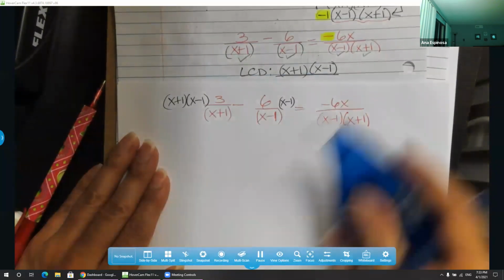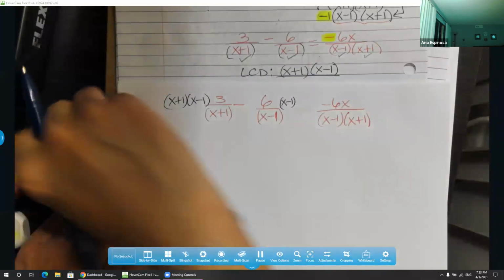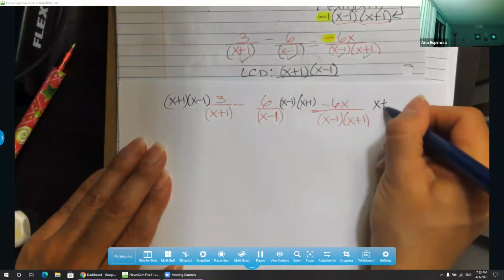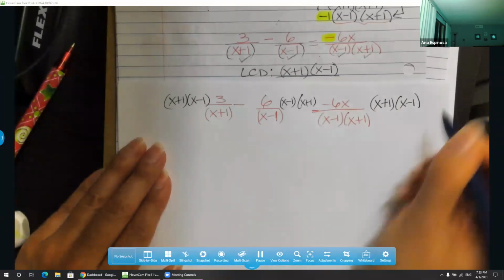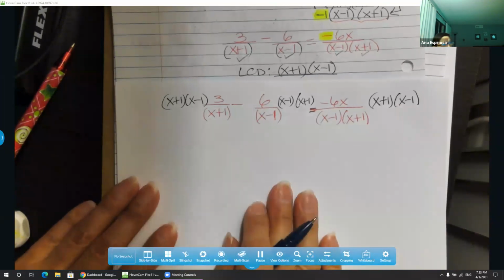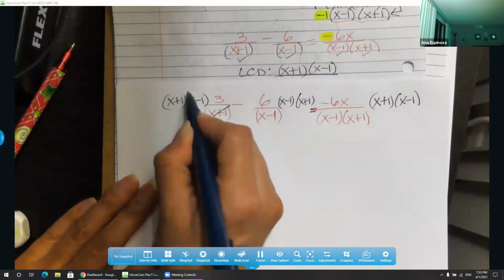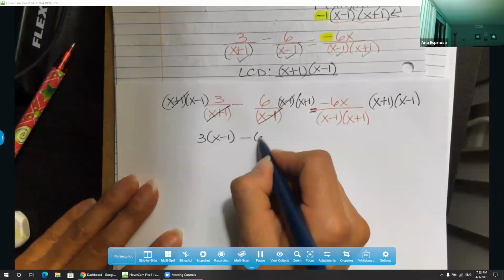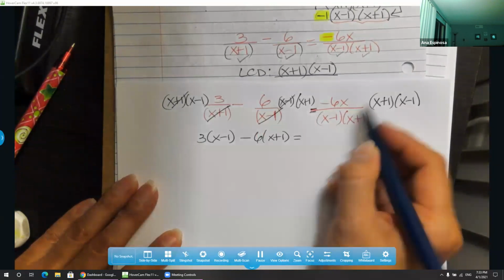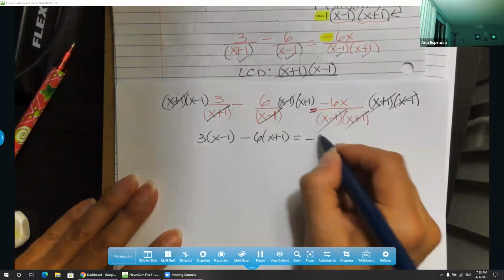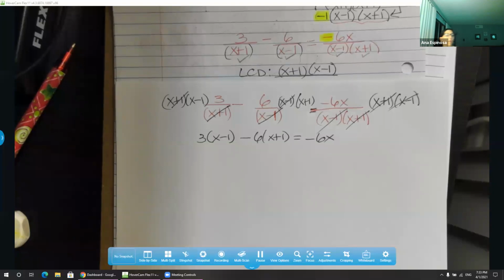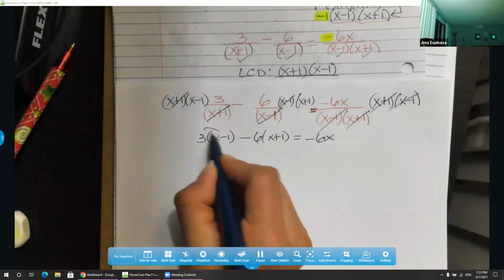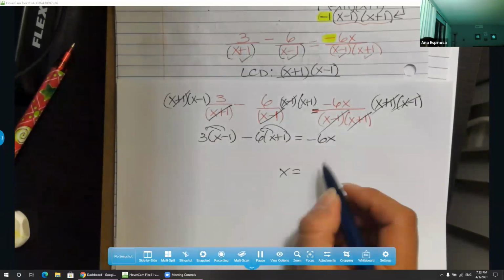I still didn't leave enough space. Okay, so this is your equal sign. That way you can clearly see I can cancel this and be left with 3 times x minus 1. This cancels, 6 times x plus 1 equals negative 6. See that? And this will not be a quadratic because there are no x squares coming out of this. So you distribute, you solve.